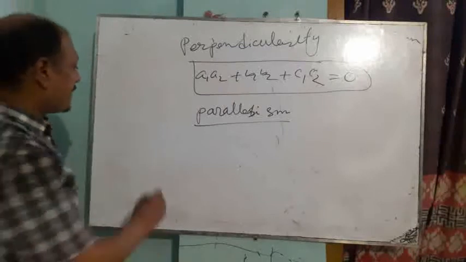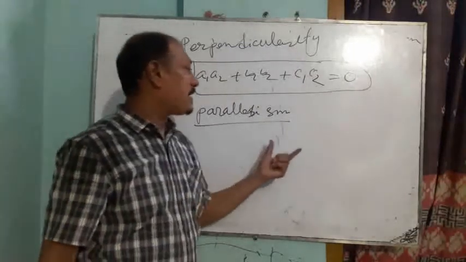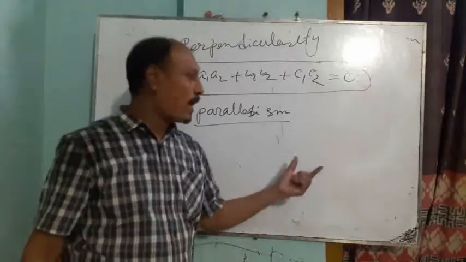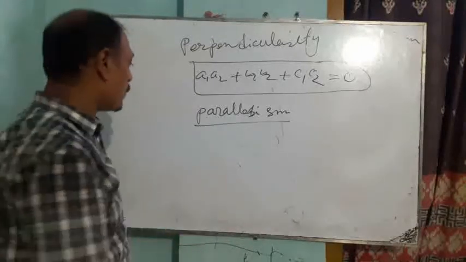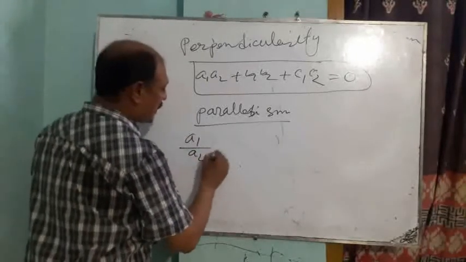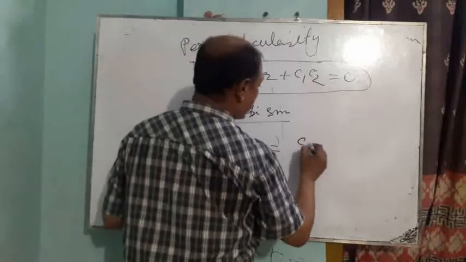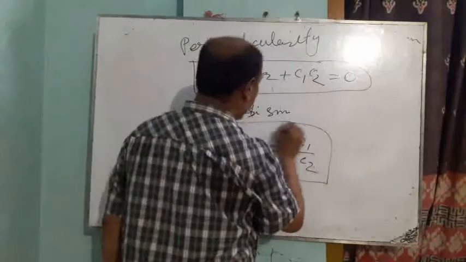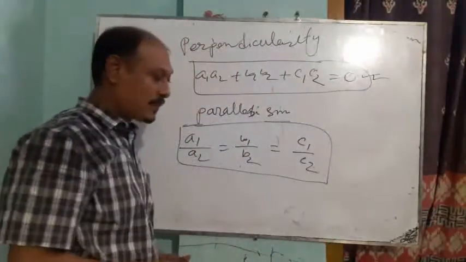If two lines are parallel, where the direction ratios of two lines are A1, B1, C1 and A2, B2, C2, then the lines are parallel if A1 by A2 equals B1 by B2 equals C1 by C2, which is the condition of parallelism. This is the condition of perpendicularity.